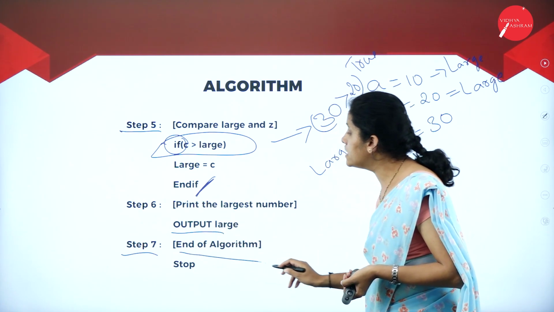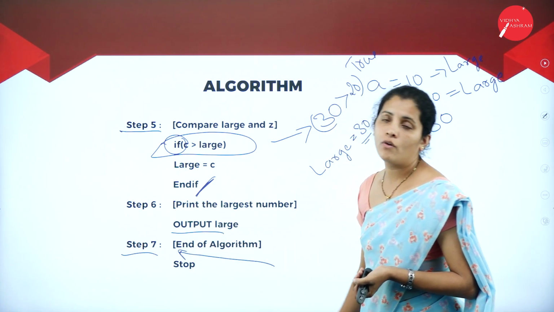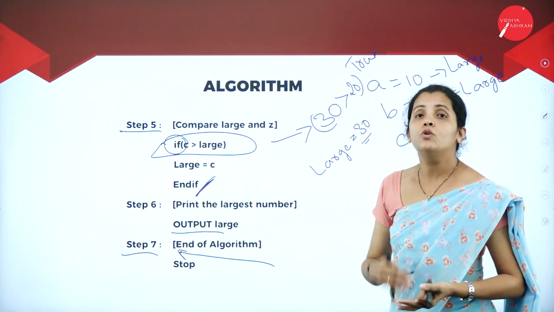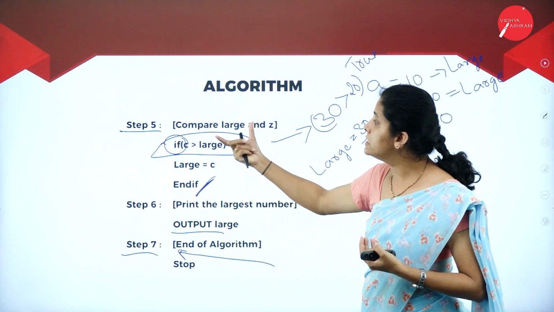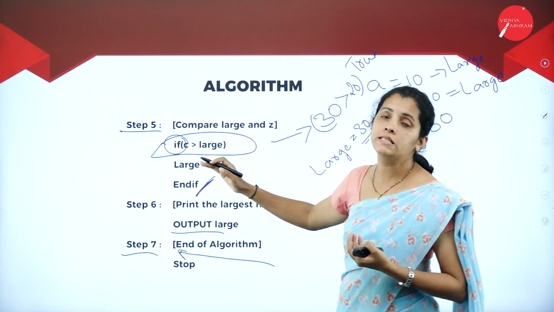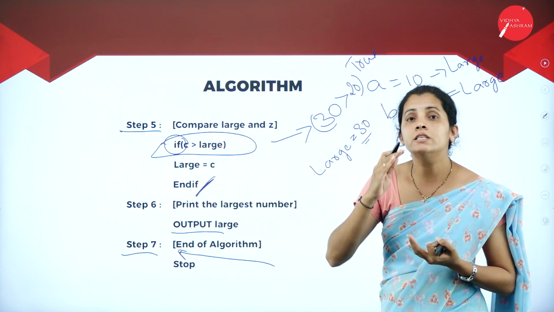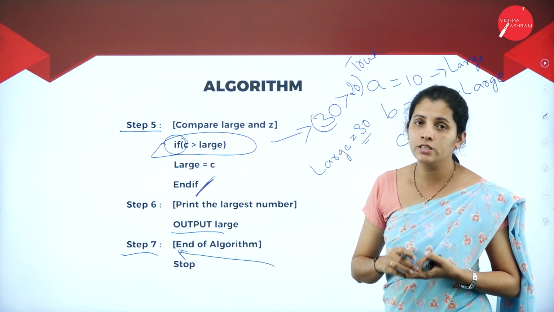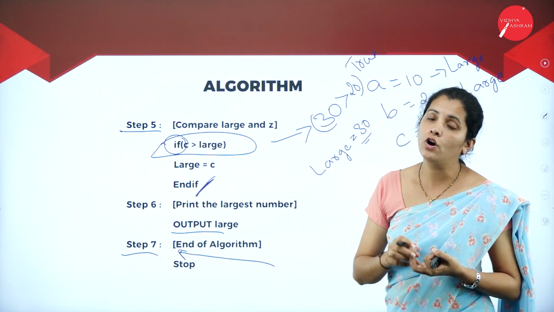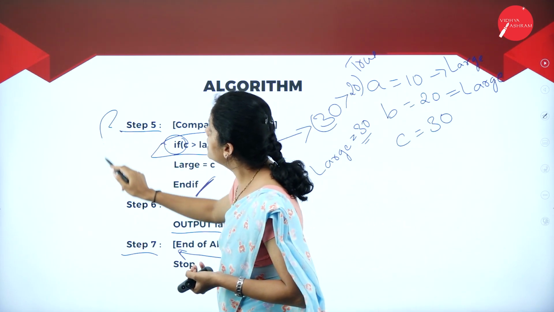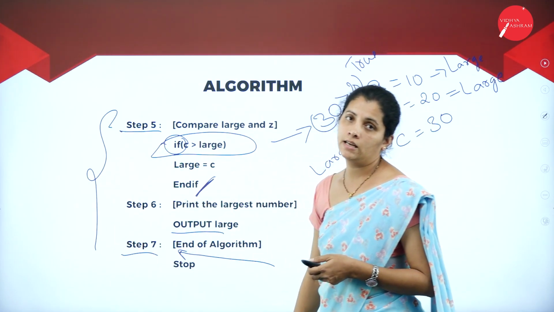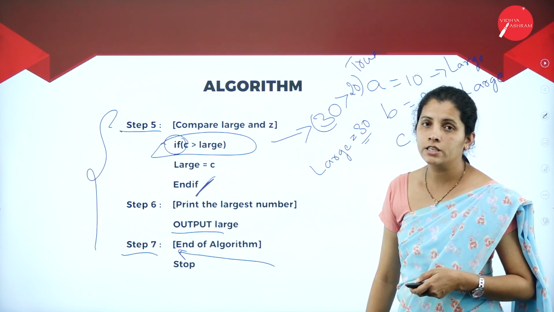This indicates that this is the end of my algorithm. So by seeing this, what you can understand is that these are step-by-step finite sequence of instructions given to your computer system.